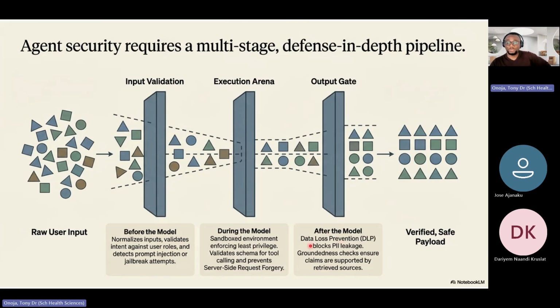Now, after the model, data loss prevention blocks PII leakages, and a groundedness check ensures the claims are supported by retrieved sources. Of course, I always emphasize that you don't just take everything that the AI gives you and go to work with it entirely. You have to read the things that you get from these sources.